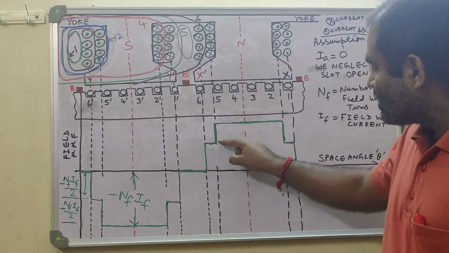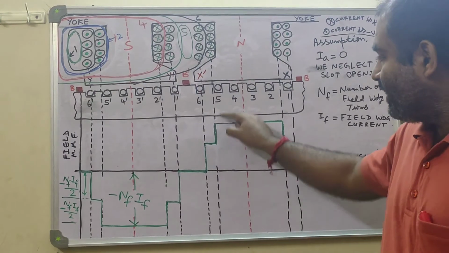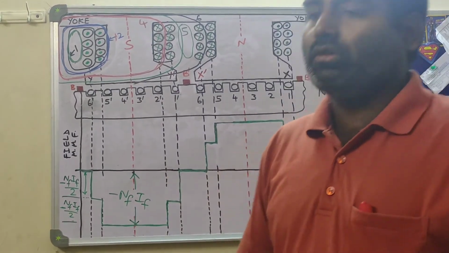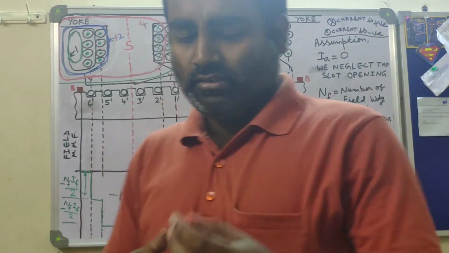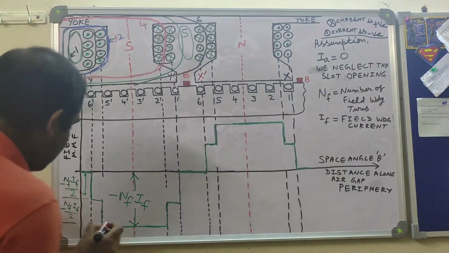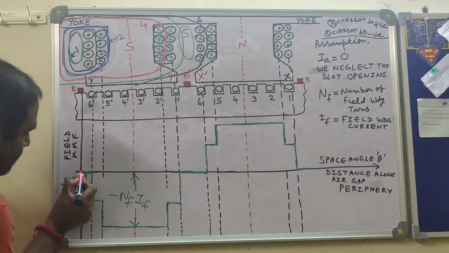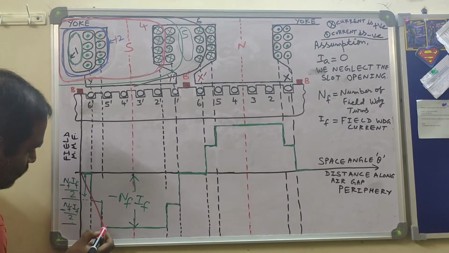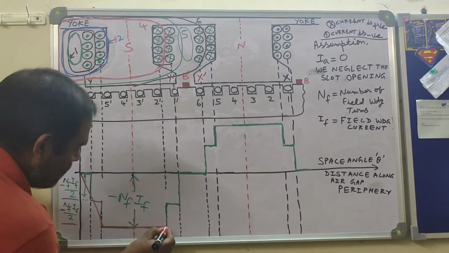So this step variation can be approximated by a smooth, linearly rising variation like this one. Follow this red marking.